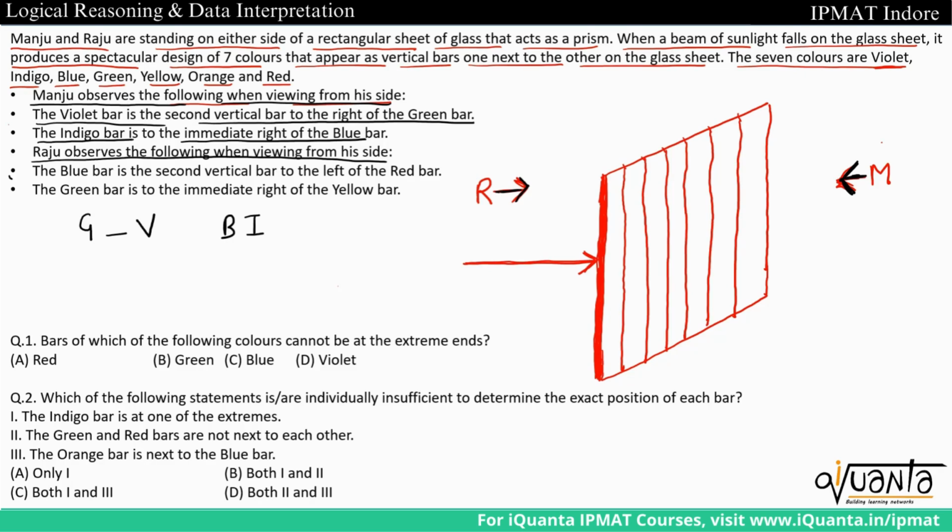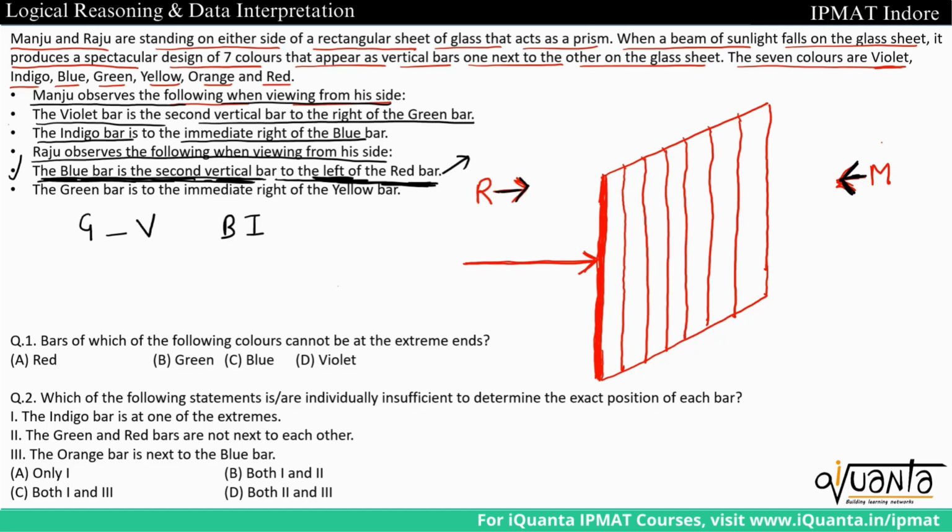The first thing that Raju observed was, the blue bar is the second vertical bar to the left of the red bar. If I reverse this, that means if I read left as right, then the statement becomes, the blue bar is the second vertical bar to the right of the red bar. I have transformed the observation of Raju into observation of Manju just by reversing the statement.